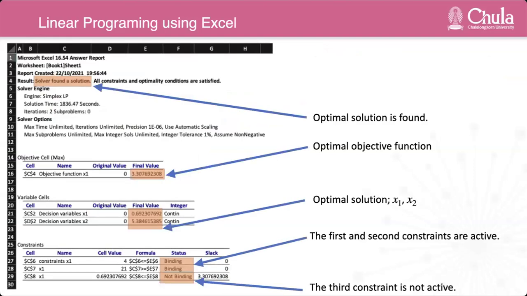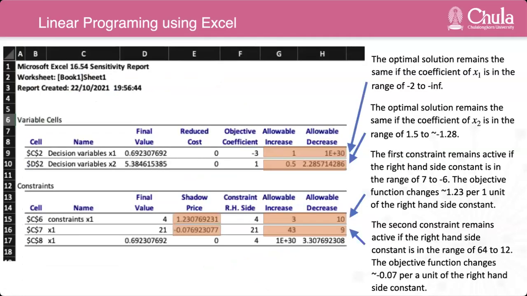And also, later you can have a look at the slide, because I explained the meaning of binding and not binding, and also the sensitivity analysis. I remember that in the class, I explained already about allowable increase, allowable decrease, right?